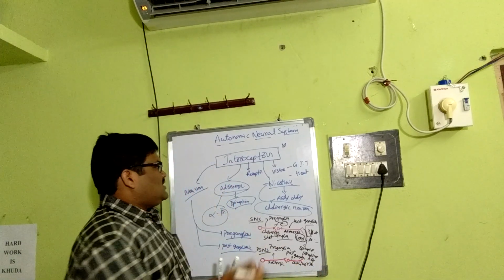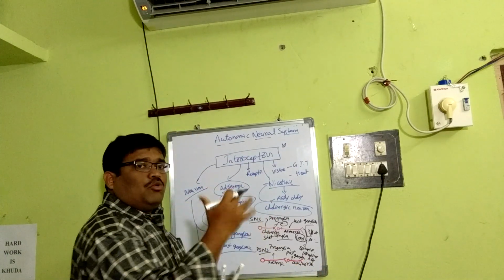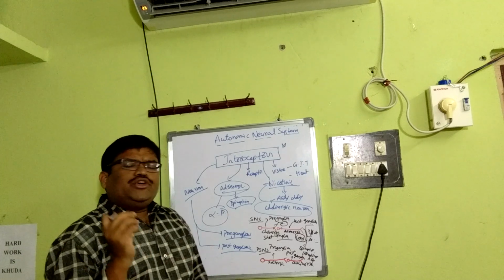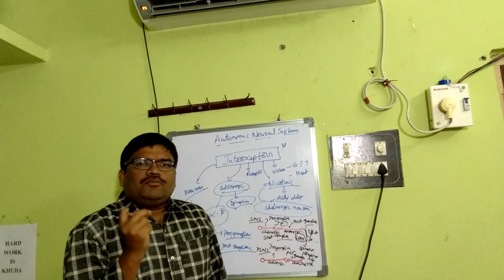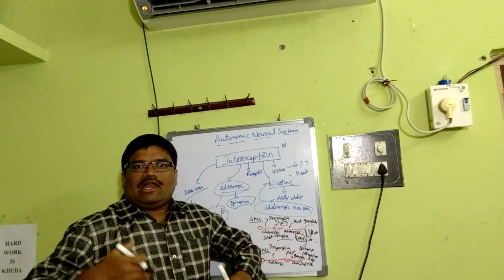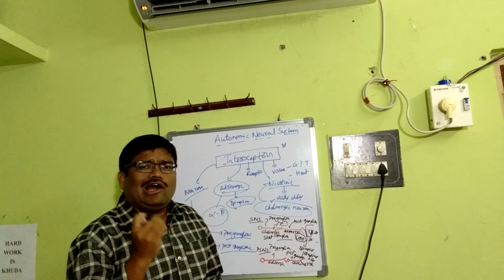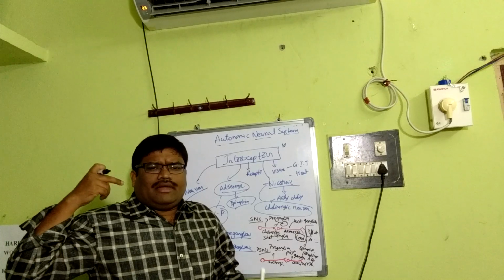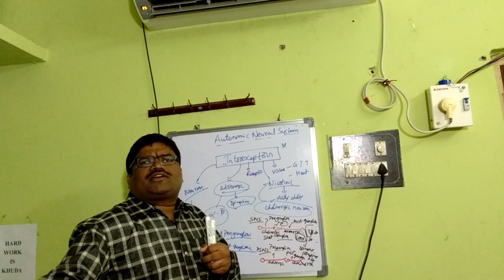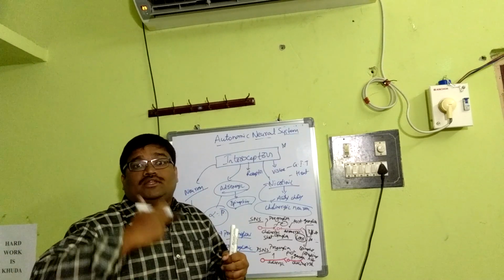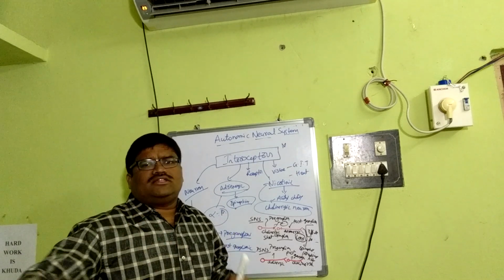For differentiation, say we have discussed the somatic neural system, say a motor neuron. The beauty of the somatic neural system is that one motor neuron can innervate by traveling a longer distance. The axon of a motor neuron starts from the CNS and goes to the appropriate effector organs. Just one neuron travels a long distance.